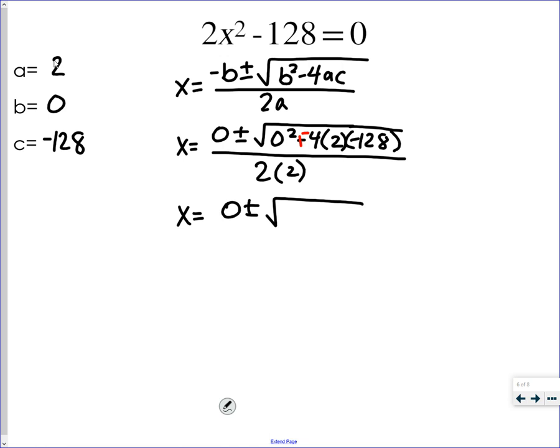And 0 plus this, now 4 times 2 is going to be 8. I know it's going to be all positive now. 8 times 128 is going to be 1024. Now, if I add 0, that's not going to change anything at all, so I don't need another step to do that. That's just going to be the square root of 1024 over 4. And the square root of that number is 32.